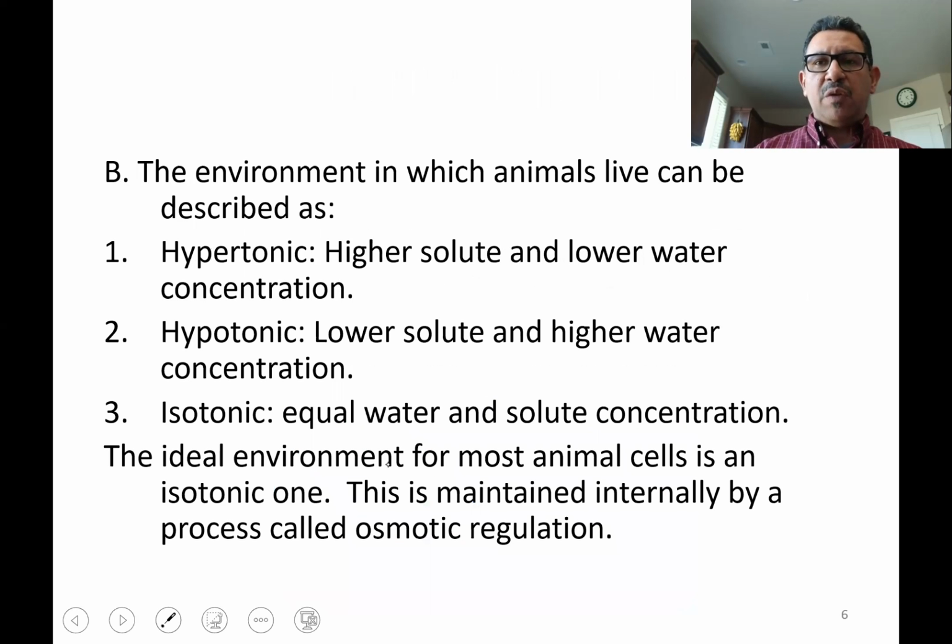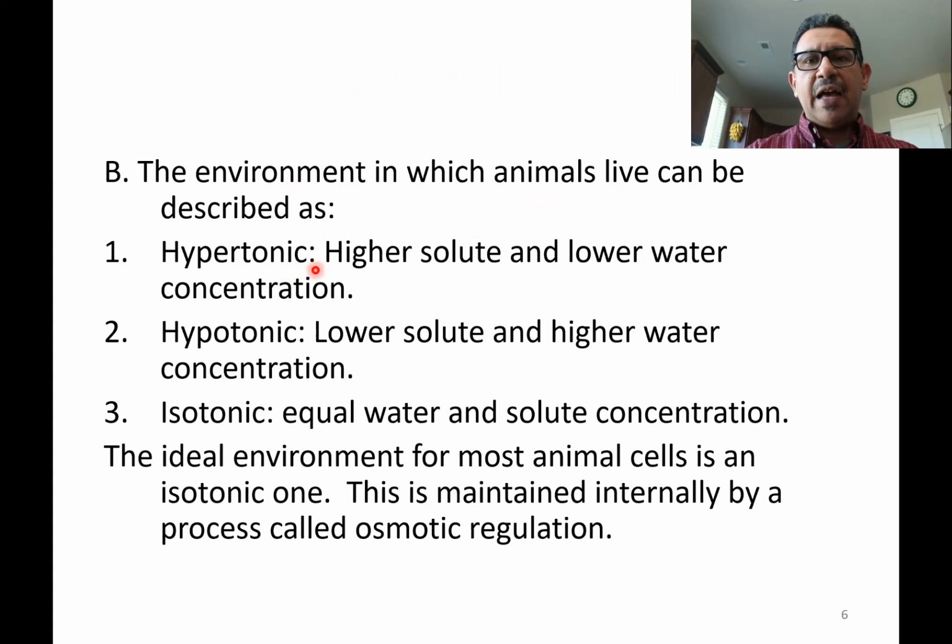Describing the concentration of solutes is what we do in terms of tonicity. Tonicity is the relative concentration of solutes in a solution. And so, for example, when you think about the environment in which animals live, the environment outside the body of the animal can be hypertonic.